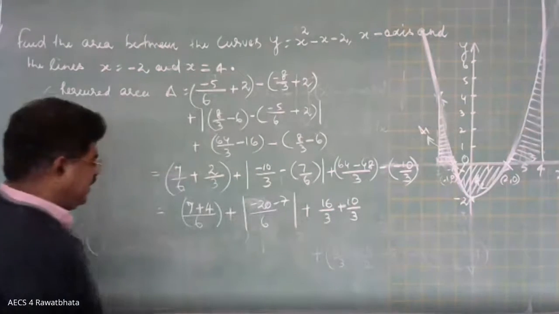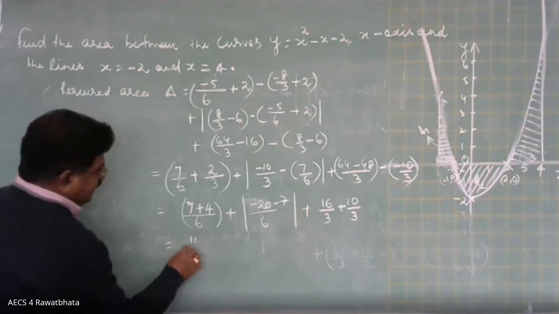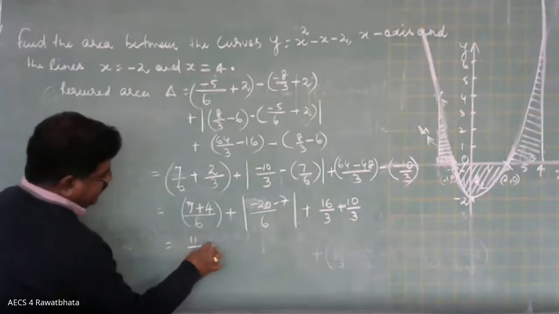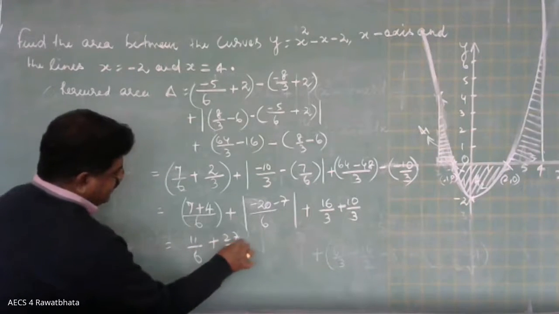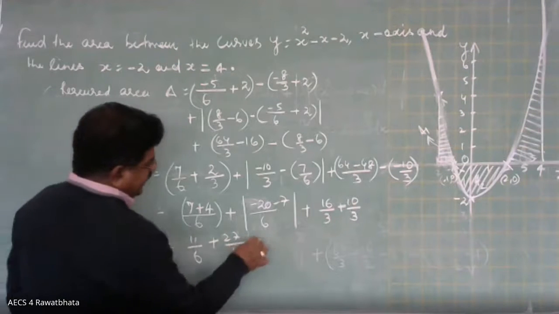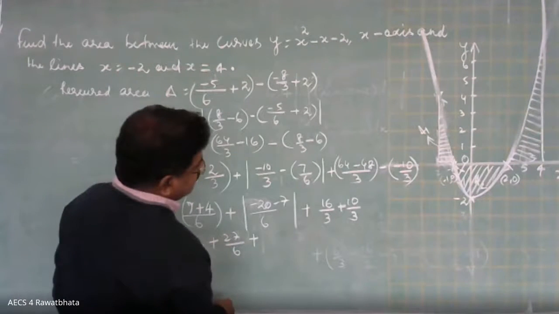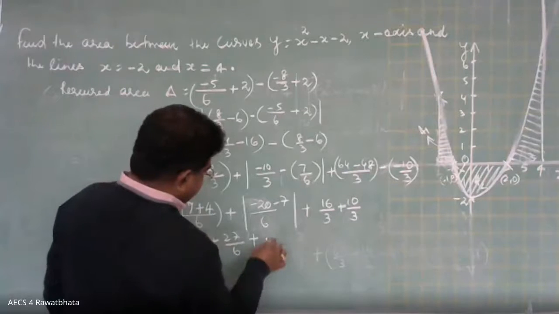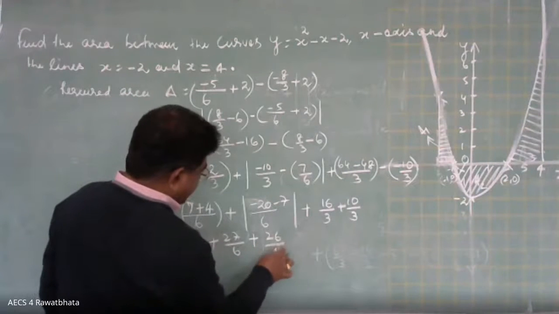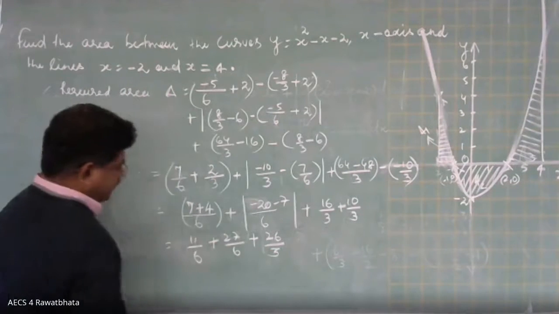And here it is 11 by 6, and here plus 27 by 6, and plus 26 upon 3.